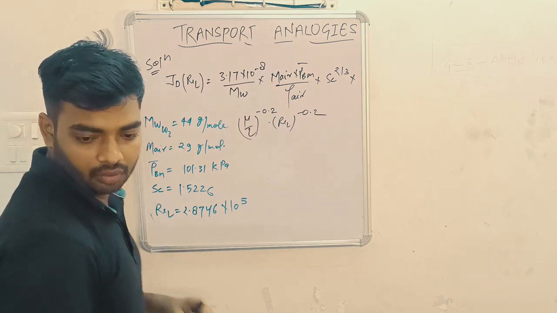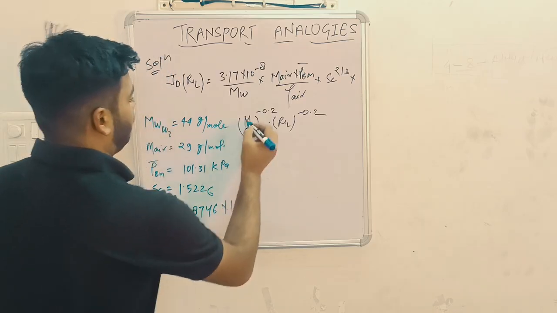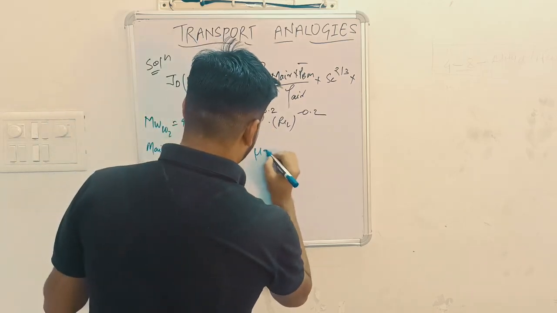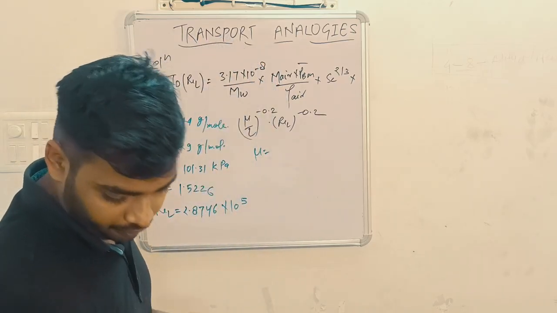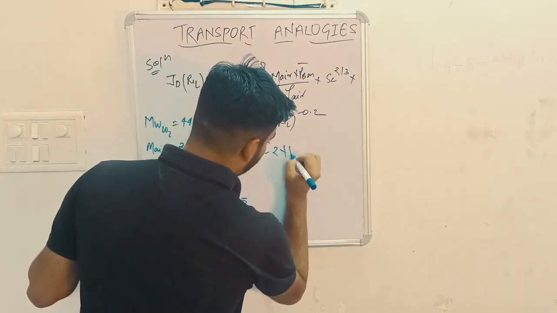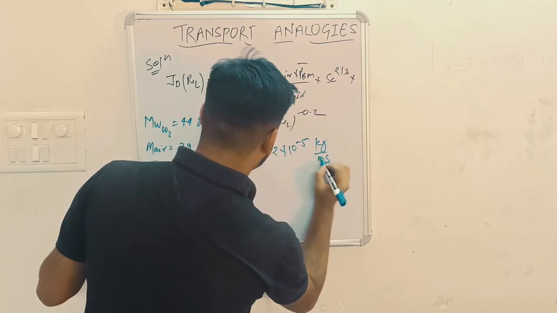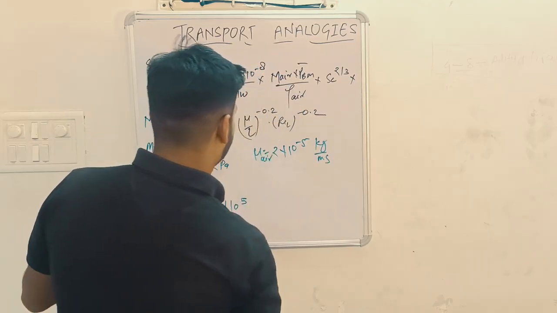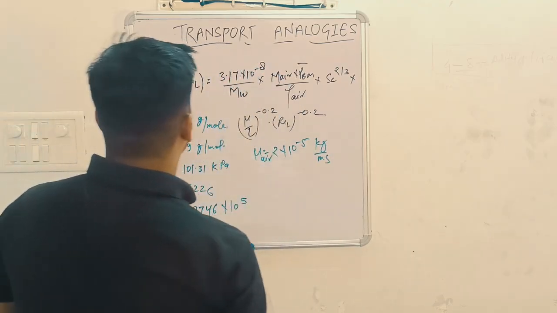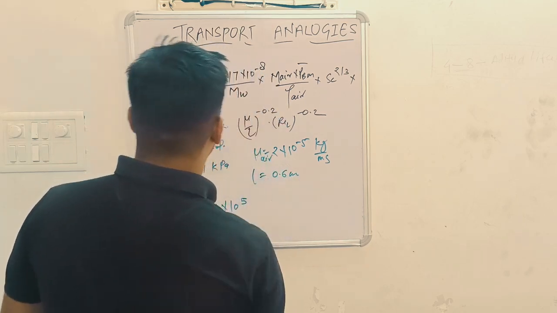Also, we have the value of viscosity mu equal to 2 into 10 power minus 5 kg per meter second, and length given is 0.6 meter.